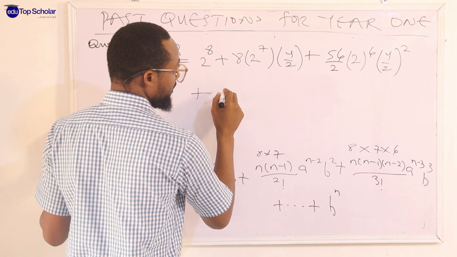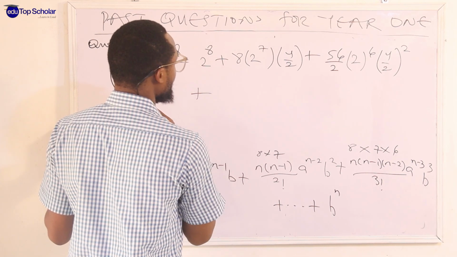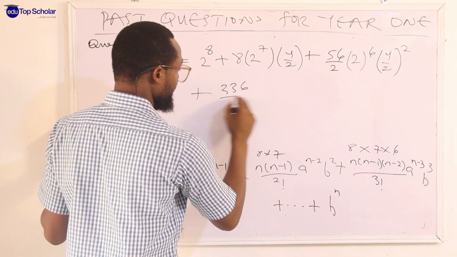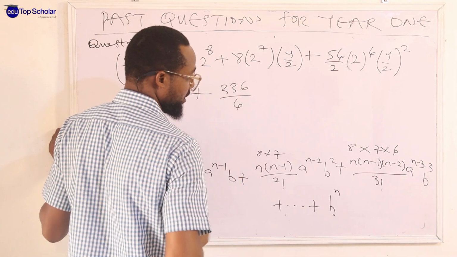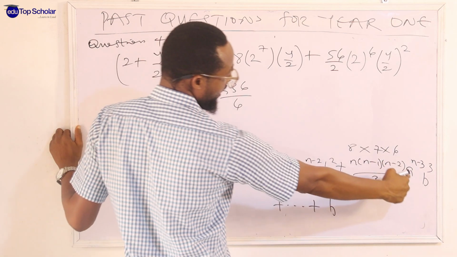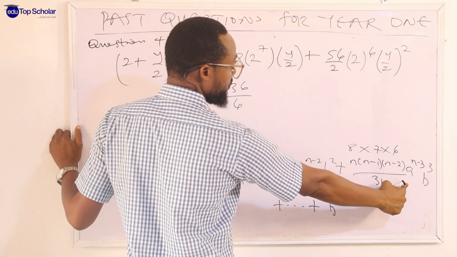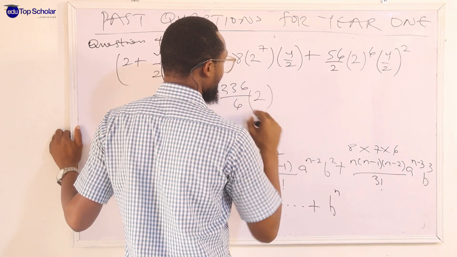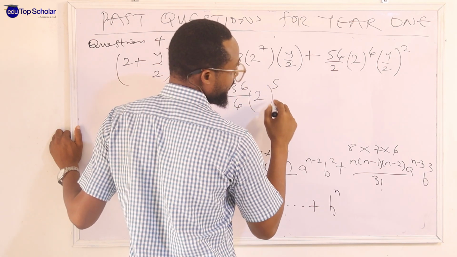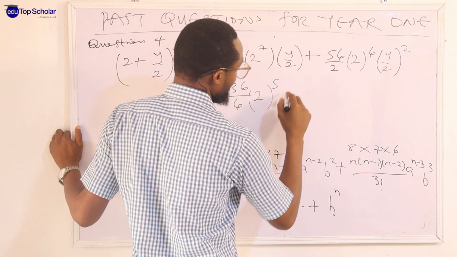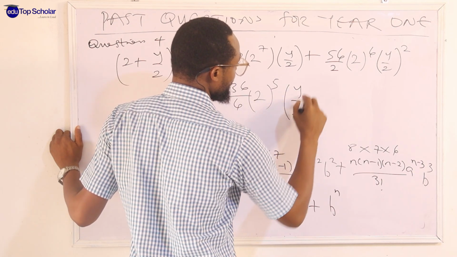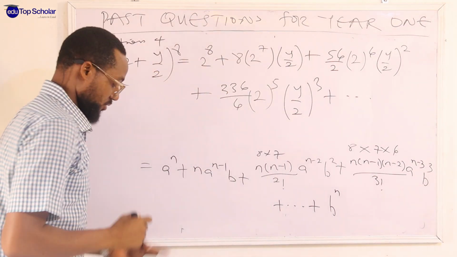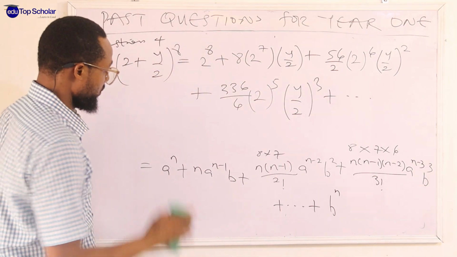That will be 336 divided by 3 factorial 6, multiplied by our a, here, which is 2 raised to power 8 minus 3, that will be 2 raised to power 5. B, that will be y over 2 raised to power 3, and so on like that. So I think we are done with this guy now.